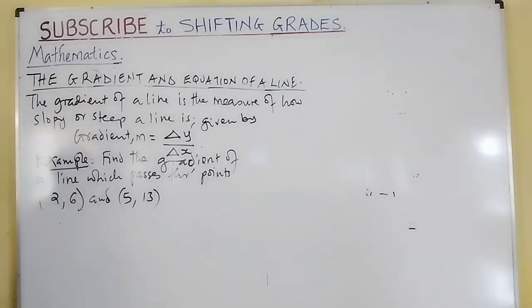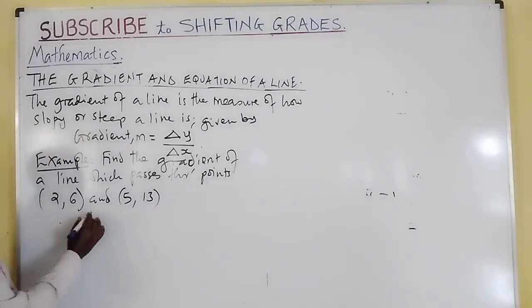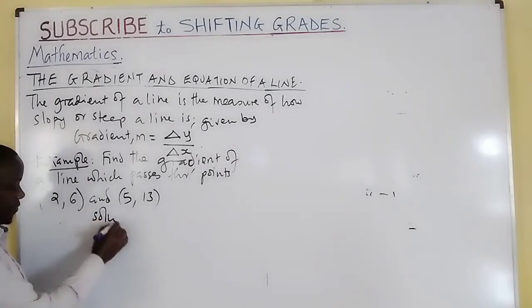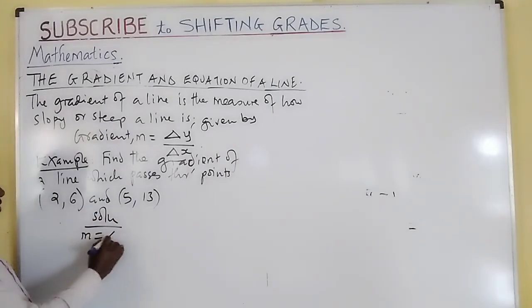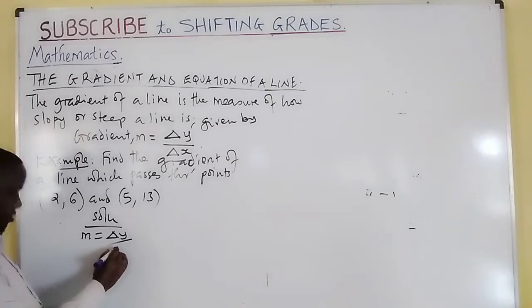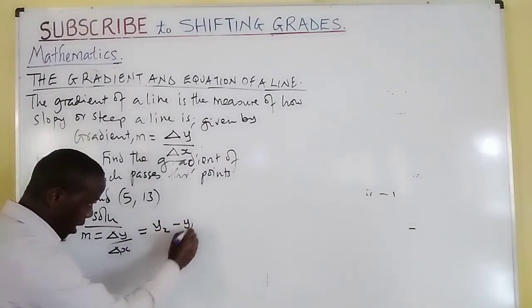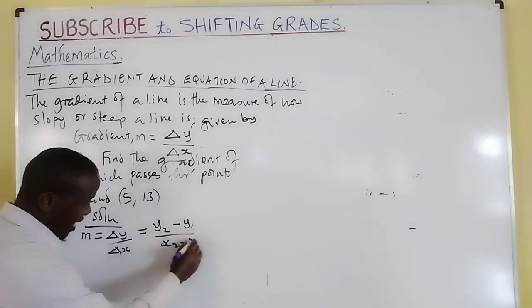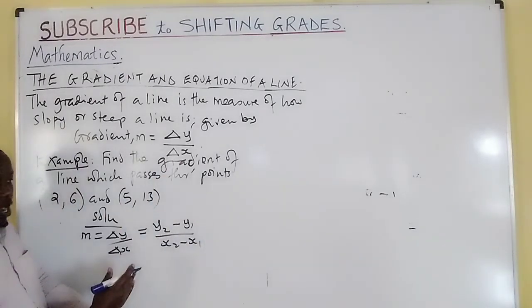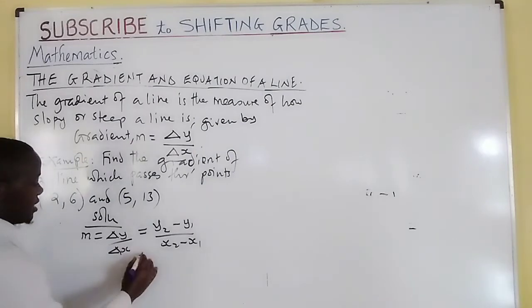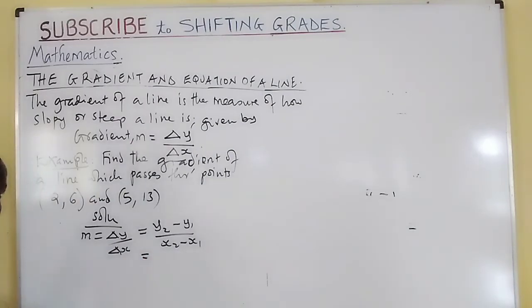Find this gradient. So the gradient m is found by change in y all over change in x, or simply y2 minus y1 all over x2 minus x1. And the other way around will also be correct, will give us the same answer.